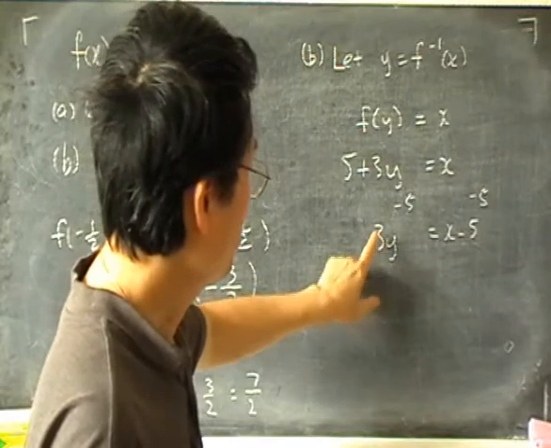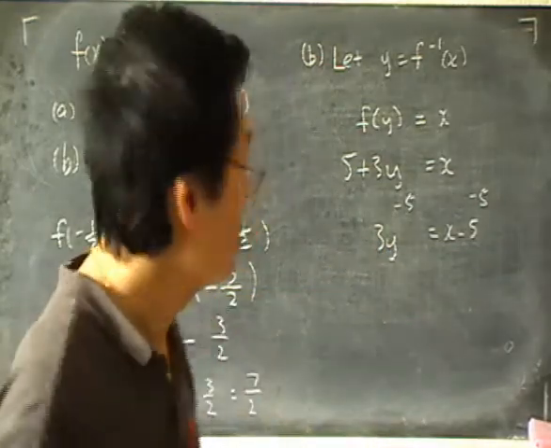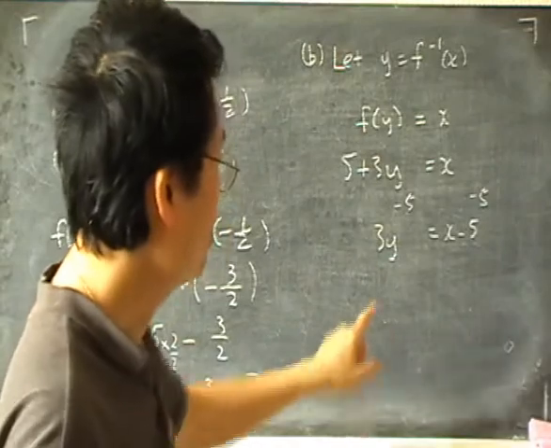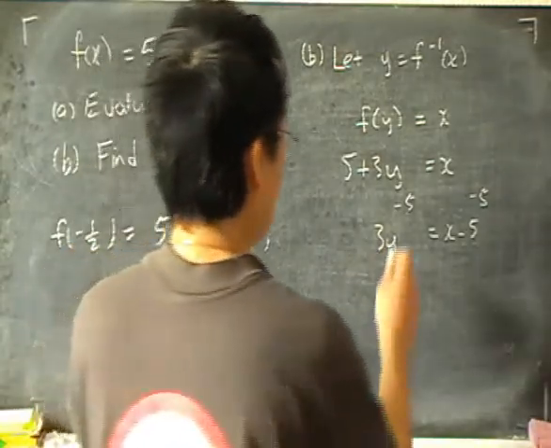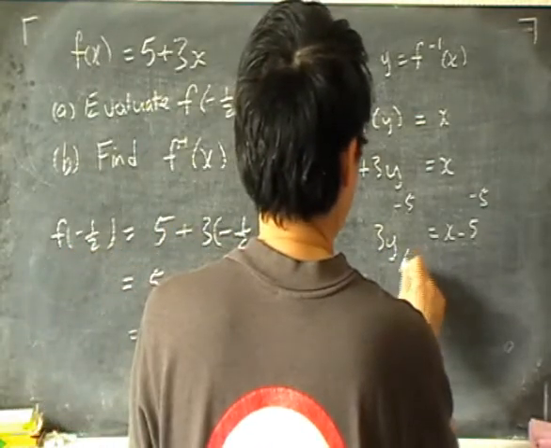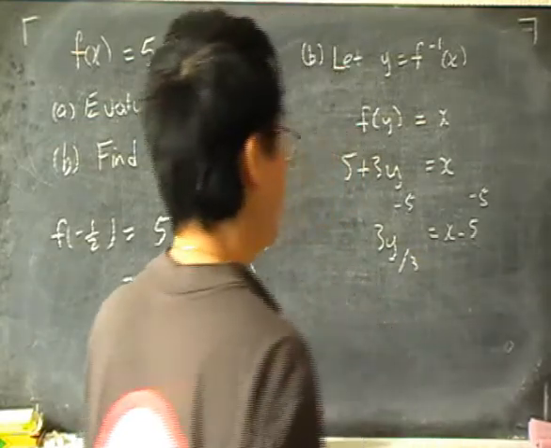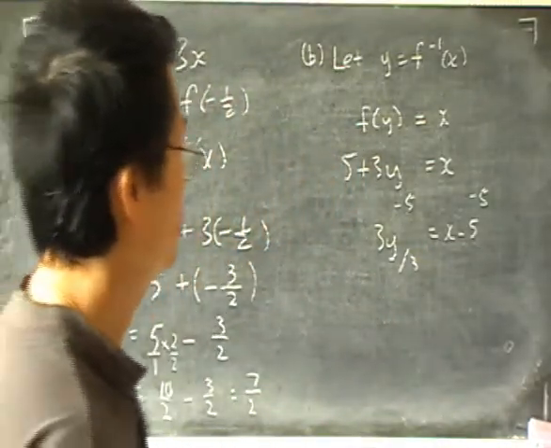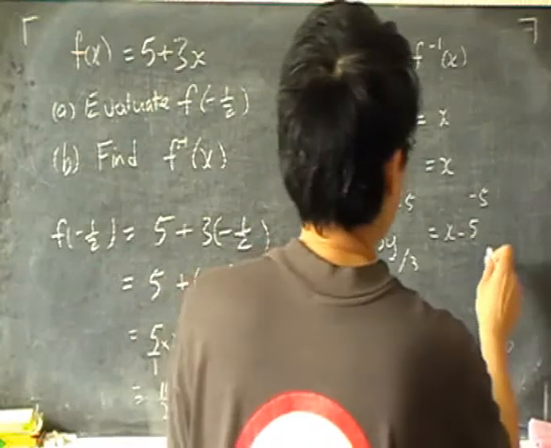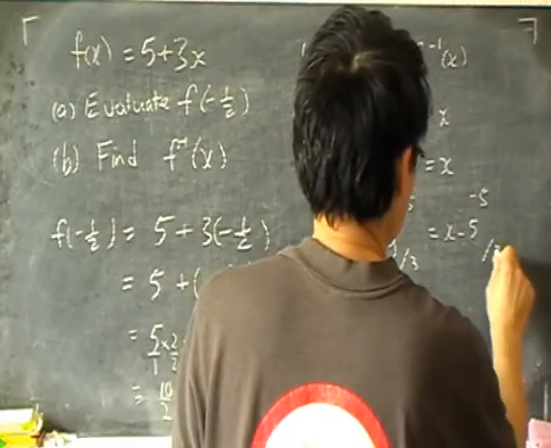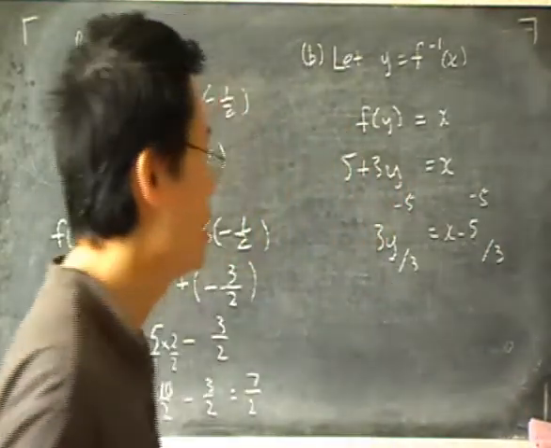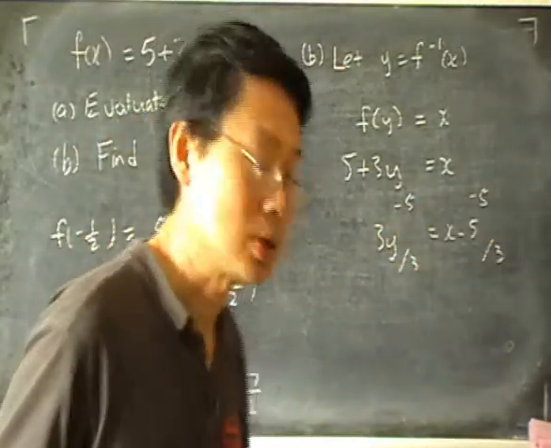3y means 3 times y. So I can get rid of the 3 if I divide this side by 3. And I must divide the other side by 3 as well, so that left and right are still equal.